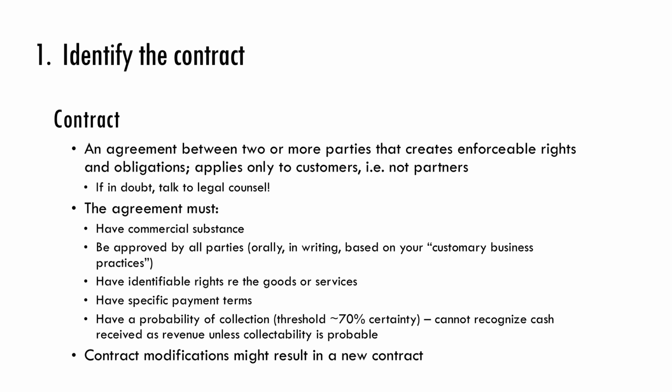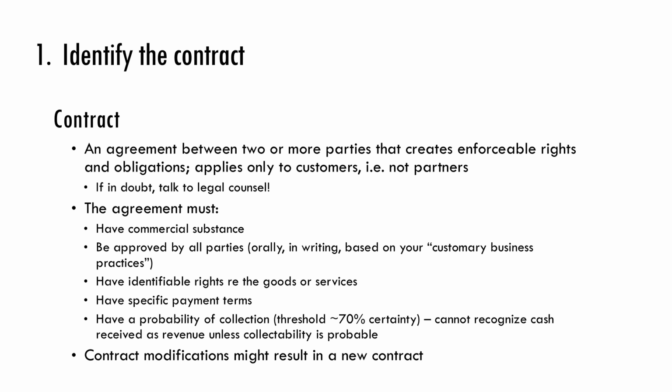It may be a purchase order, an actual contract, stamped, signed, sealed, witnessed in front of your lawyers. It might be something as simple as an oral agreement. You know, in some parts of the country, it's still customary that the gentleman's handshake is a contract. So whatever your customary business practice is, if based on that you have an agreement with the customer, as noted above, there's enforceable rights and obligations, then you indeed have a contract.